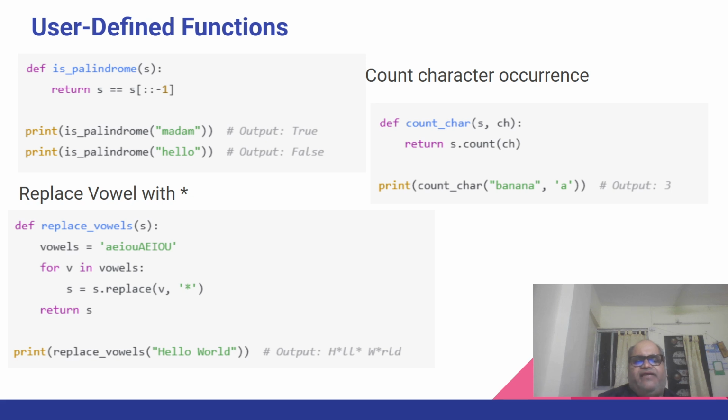So more like, for A in S, if A is equal to CH, then you increase that count, and then you can return it.